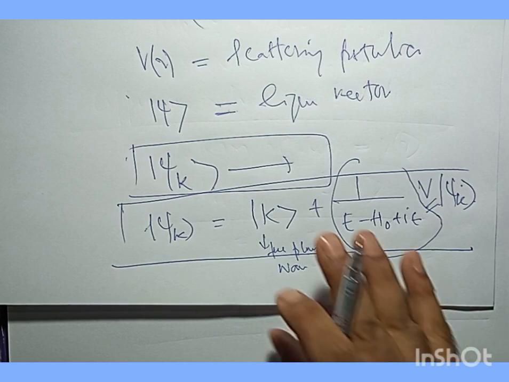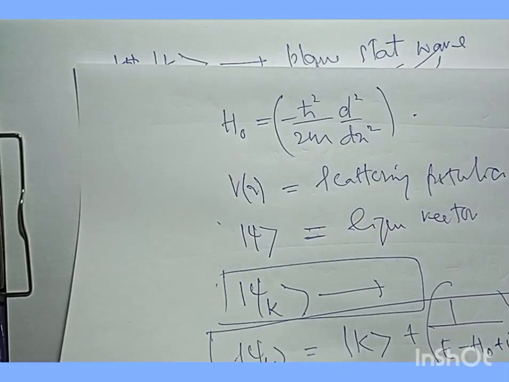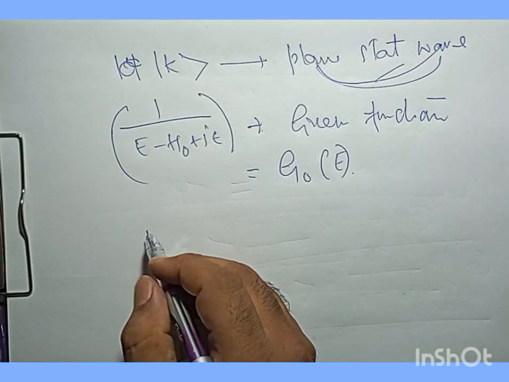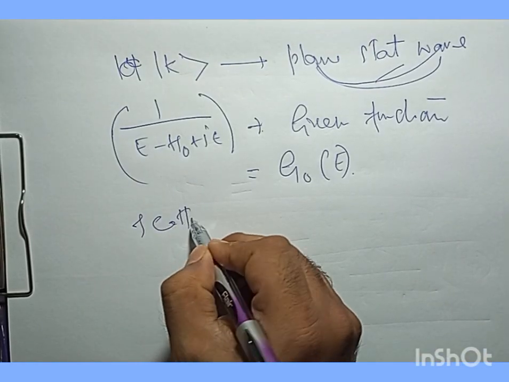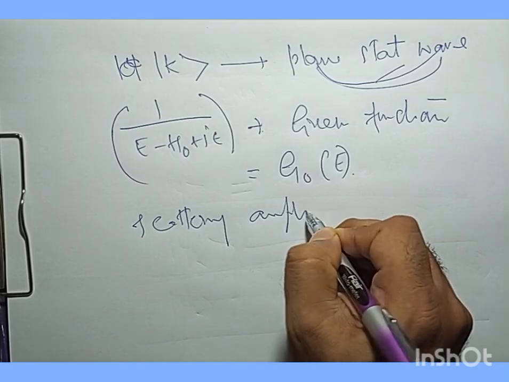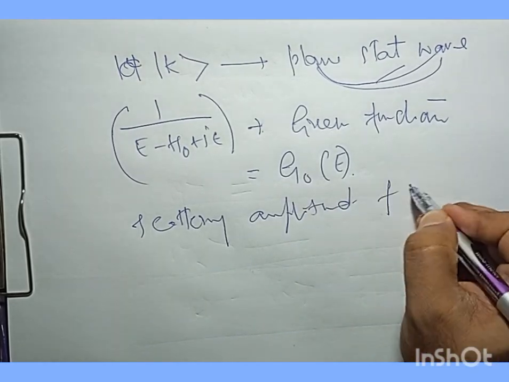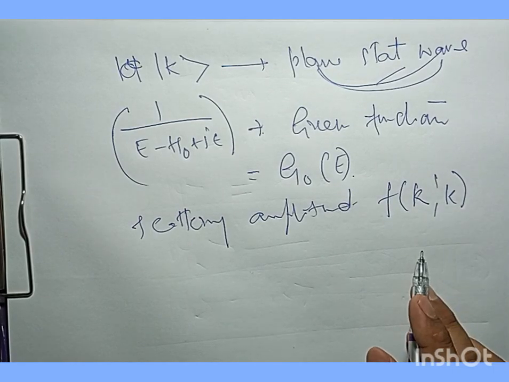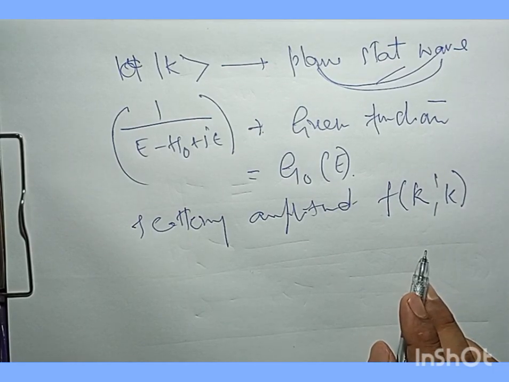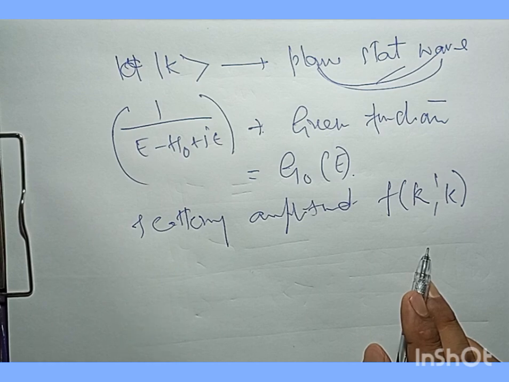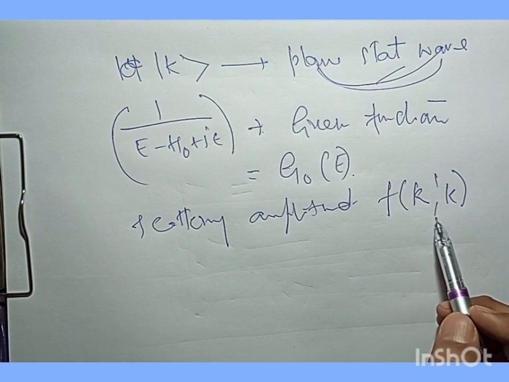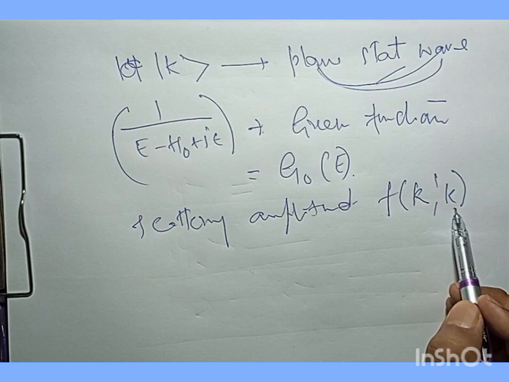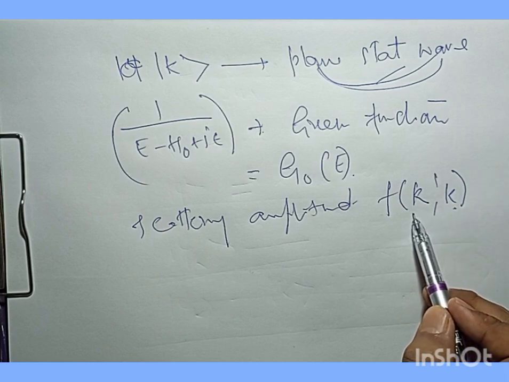And if I write down the quantity we are interested in, basically the scattering amplitude, f of k dash and k, these are two momentum states, and it is related to the probability that the particle with initial state k is scattered to the final state k dash.